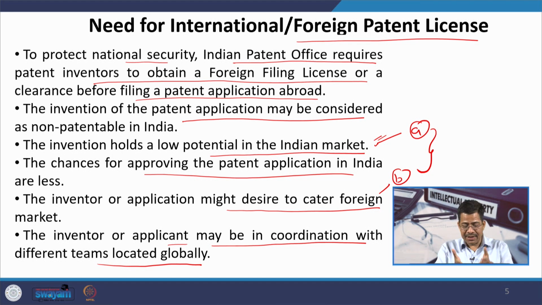But as I just mentioned in this particular slide, there are conditions in which you can justify why you want a foreign license, and that is the reason some companies can go directly for a foreign license also.